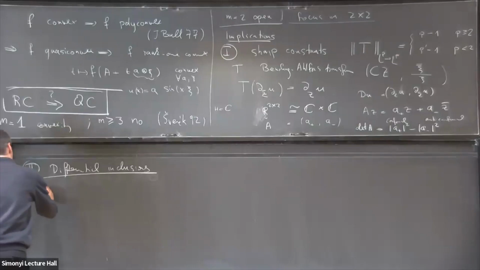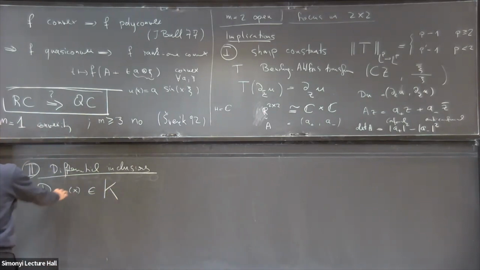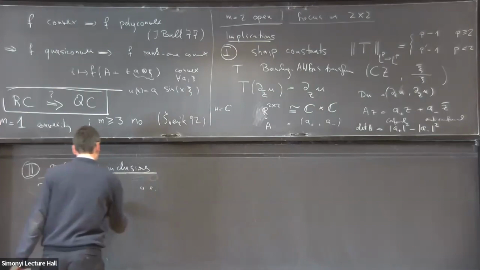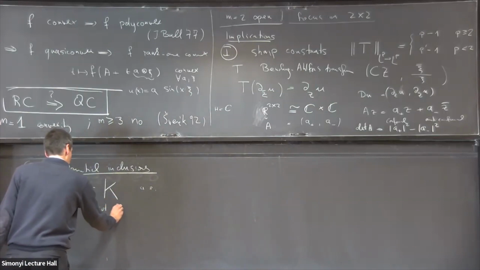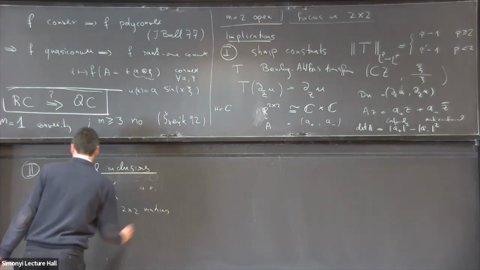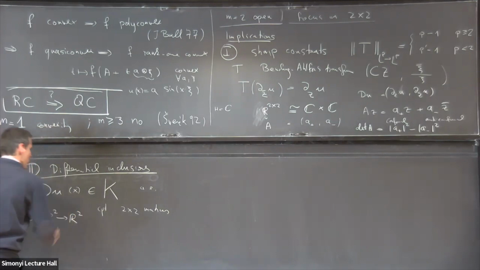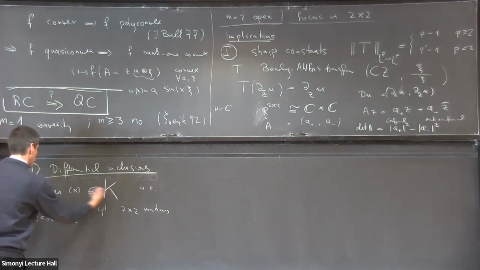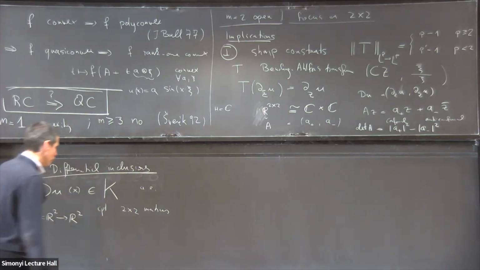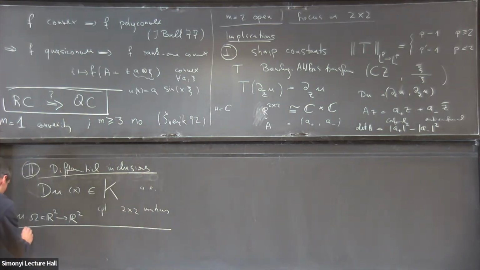Here I'm concerned with an inclusion of this type, where K is a compact set of 2x2 matrices, and I'm looking for U from R2 to R2. I allow myself to look at Lipschitz maps, so there could be jumps in the gradient. And the question is, what is the correct notion of ellipticity?